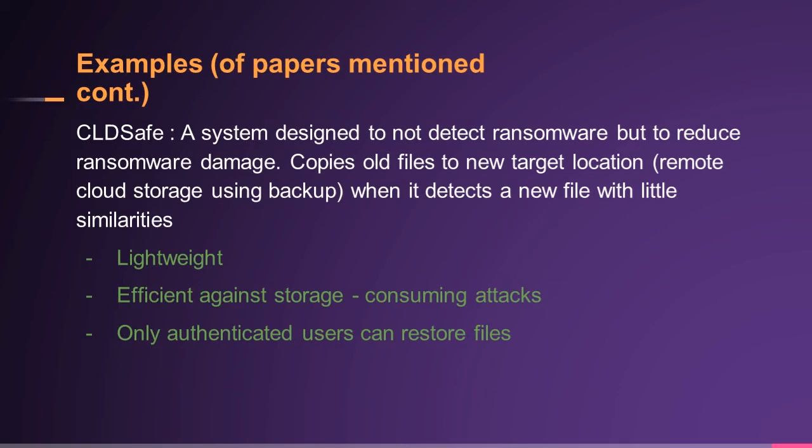The positives of this example is that it's lightweight, it's efficient against storage, and only authenticated users can restore files. So some of the methods that we took away from this one was that it copies old files to a new target location. The fact that it used a cloud storage backup system, so storage doesn't become an issue.